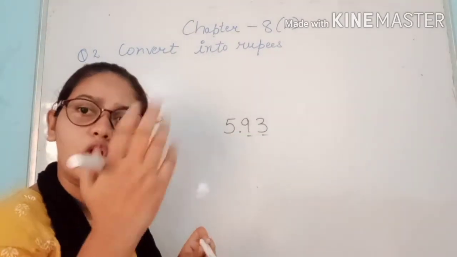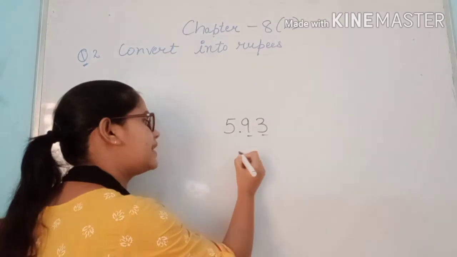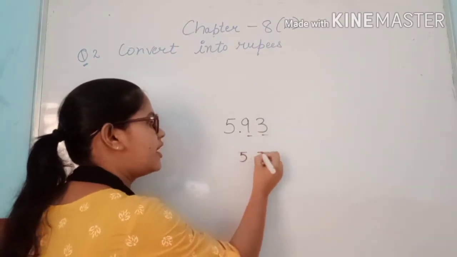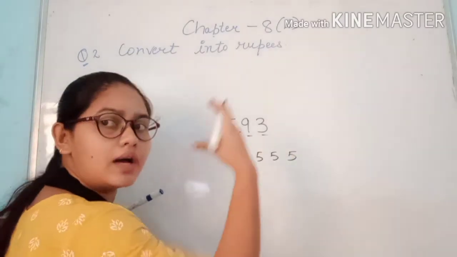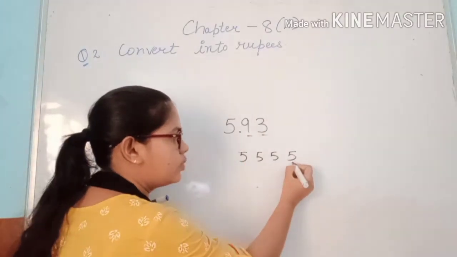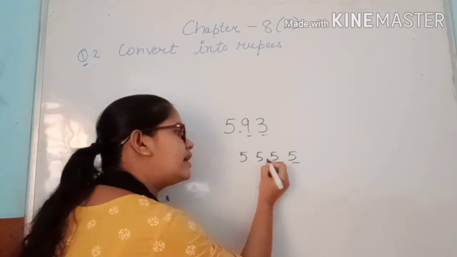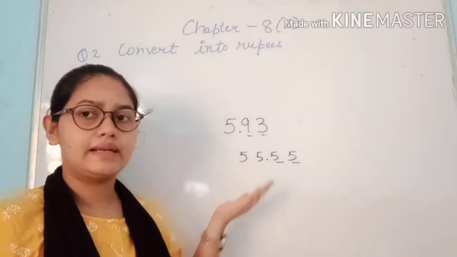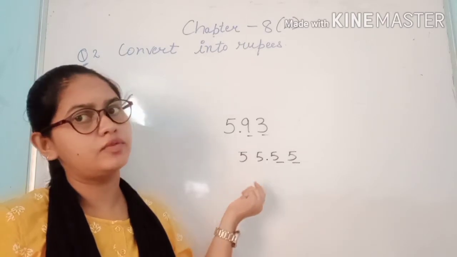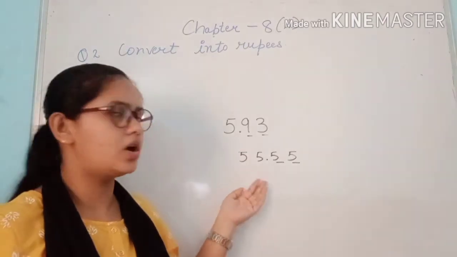If there are four numbers, like suppose 5, 5, 5, 5, then we will count two digits from our right side, 1, 2, and we will take a point here. From the right side we have to count 2, and then we will take a point. That will make your rupee.